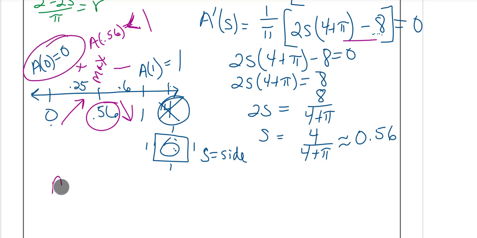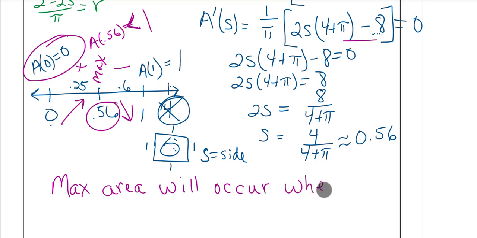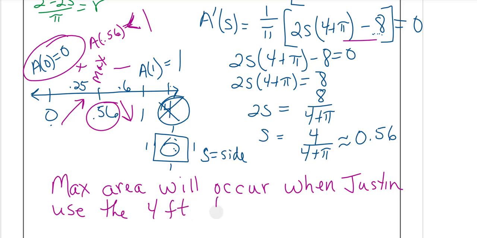Okay, so the maximum area will occur when Justin uses the 4 feet for a circle only and no square.